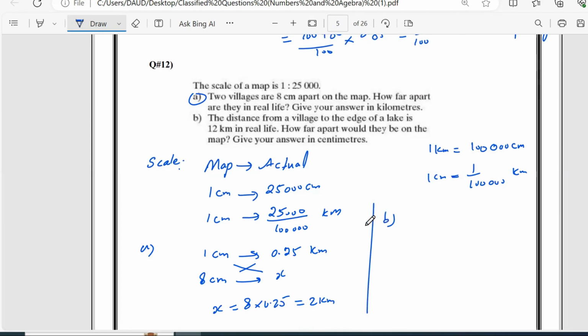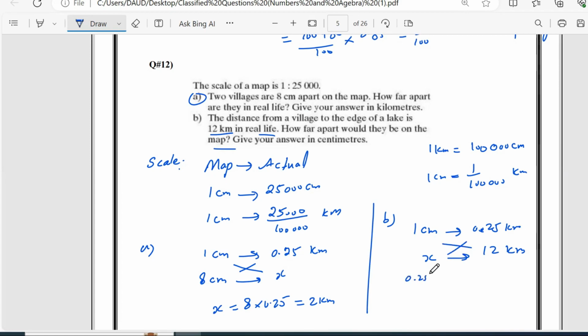In part B, the formula is the same: 1 centimeter represents 0.25 kilometer, and we are looking at 12 kilometers in real life. If it is 12 kilometers in real life, how far apart would they be on the map? Again, cross multiplication will help us.